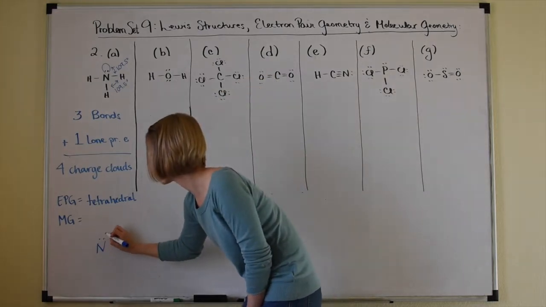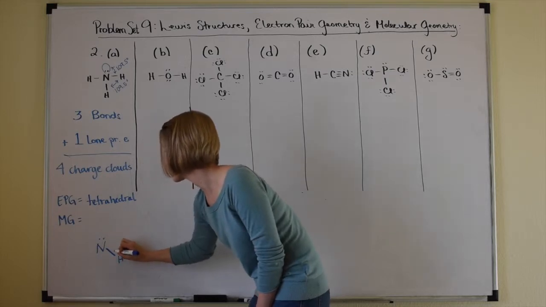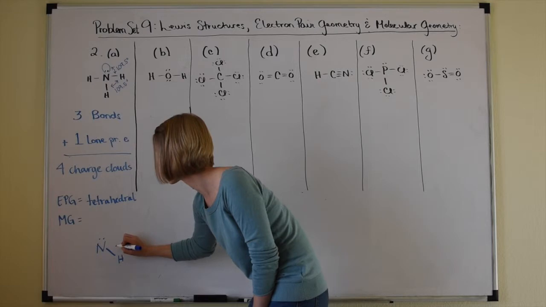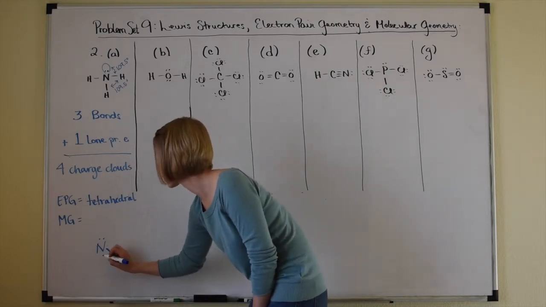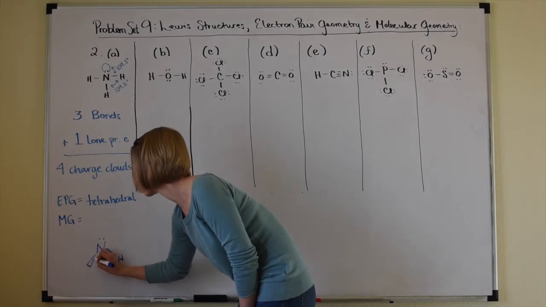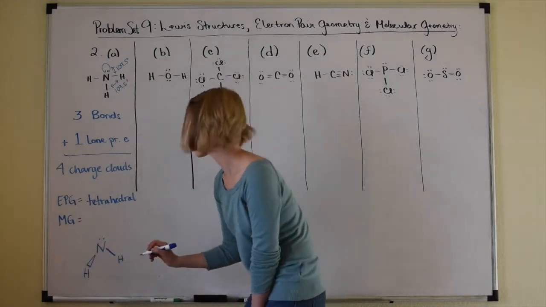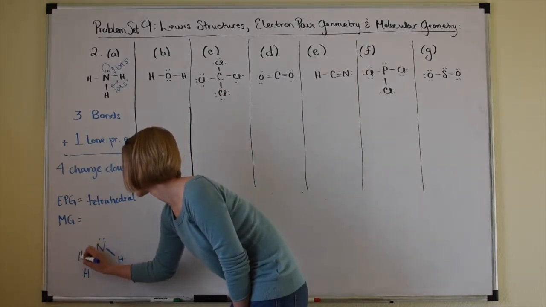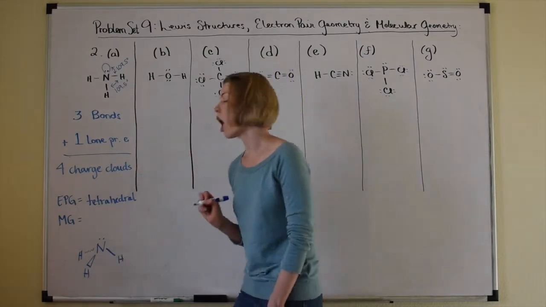If I put the lone pair and 1 bond in the plane of the white erase board, we've got a 109.5 degree angle here, not 90, so I purposely drew it at an angle. Then this hydrogen would have to be coming out of the whiteboard toward you, and another hydrogen would have to be going into the plane of the whiteboard, going away from us.